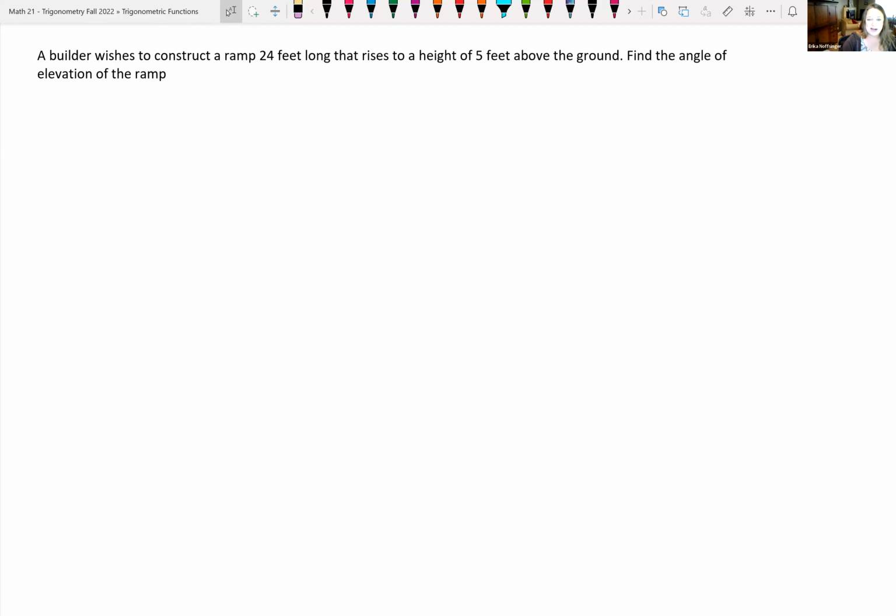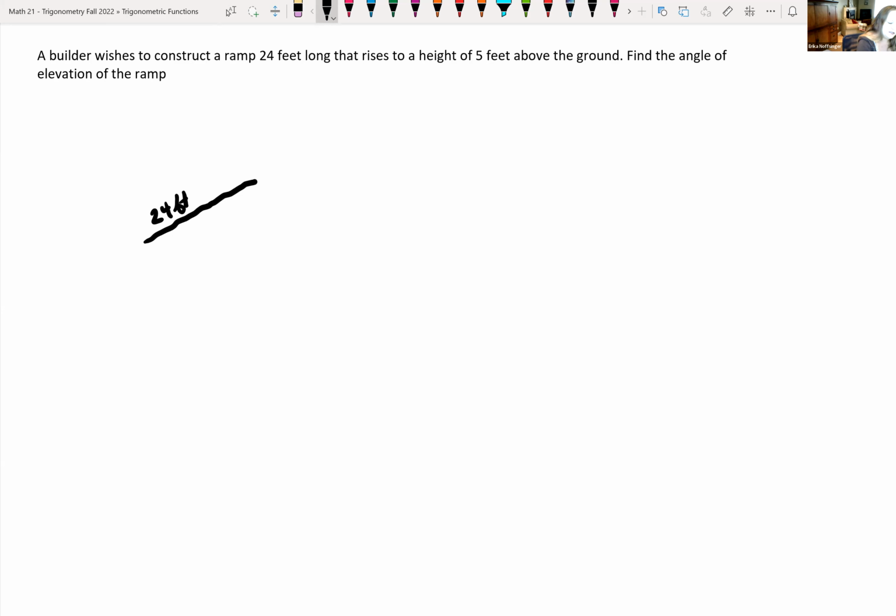So looking at our next example, we have a builder wishes to construct a ramp 24 feet long that rises to a height of 5 feet above the ground. Find the angle of elevation of the ramp. Okay, so we're building a ramp. That ramp is 24 feet.